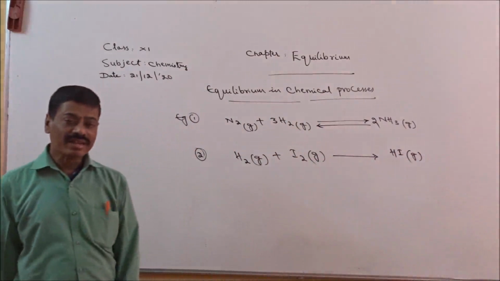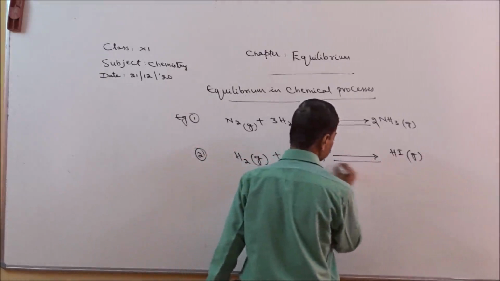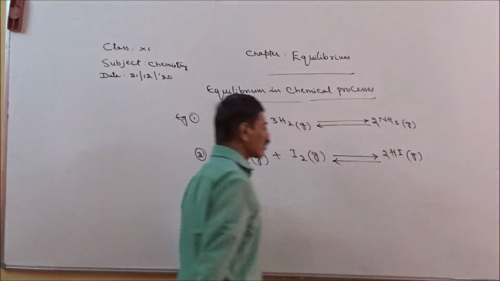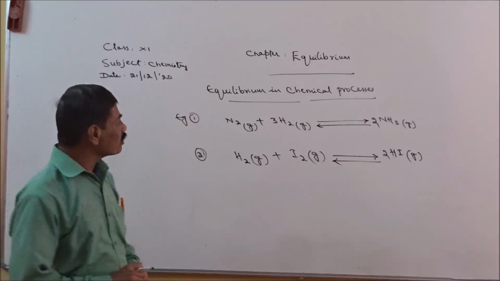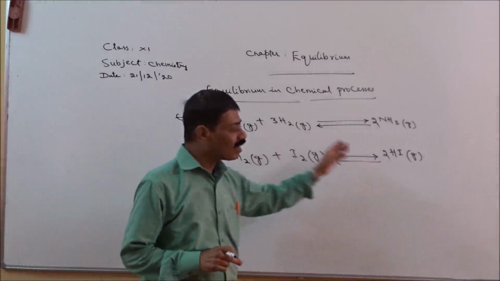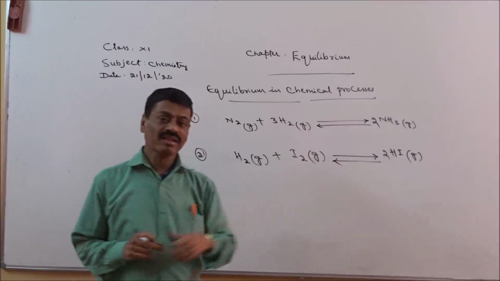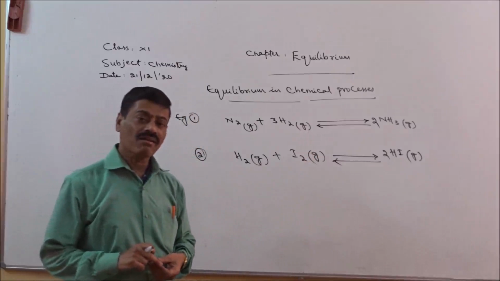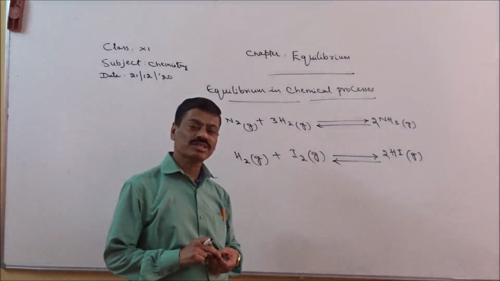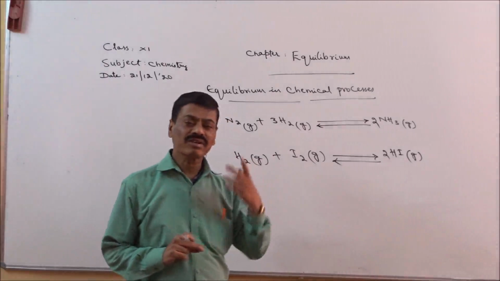Right? If this reaction is carried out in a closed container, then the backward reaction will occur. And to balance, we will multiply hydrogen iodide with 2. So in this way, equilibrium is established between reactants and the products. So equilibrium is established when the rate, speed or velocity of the forward reaction is equal to the speed, velocity or rate of the backward reaction.